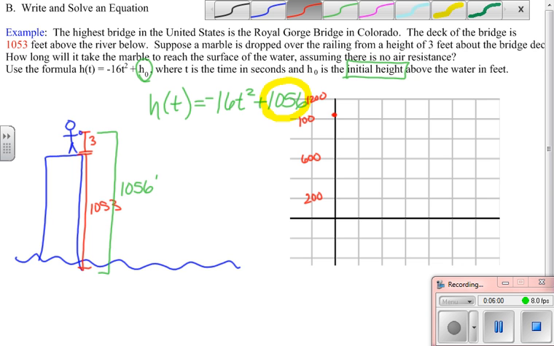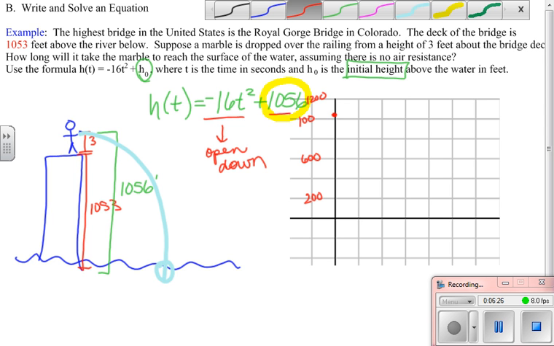Now, if you think about what this looks like when I drop that marble, I want to know right there when it hits the water. That certainly looks like half of an open down parabola. Well, negative 16 means this is an open down parabola. I have my initial value.